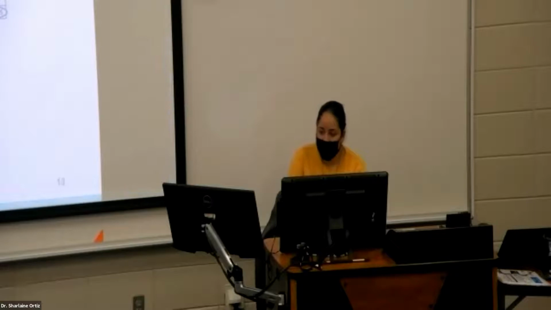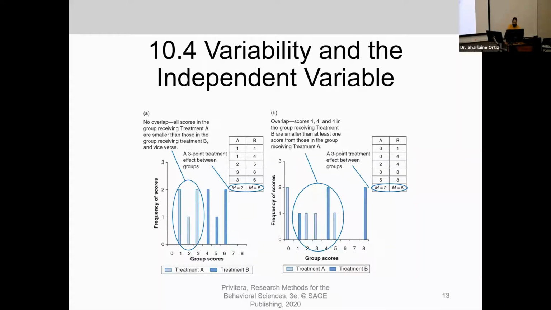If we revert back to that illustration, notice that their scores are overlapping with the scores of individuals who are receiving treatment A. But the idea is to know if treatment A is different from treatment B, for example, outpatient treatment and treatment in a residential setting.